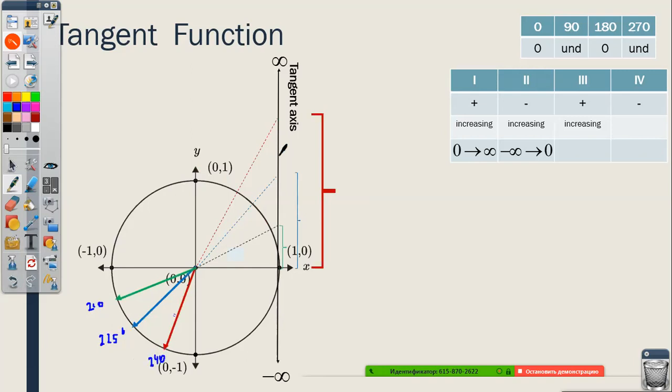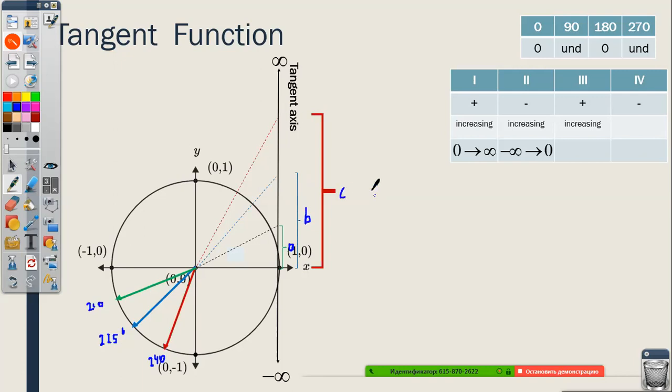For 210 the tangent is a. For 225, its tangent is this distance, b. For 240, its tangent is c.